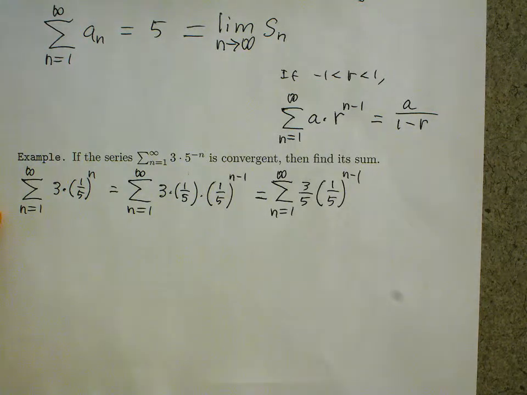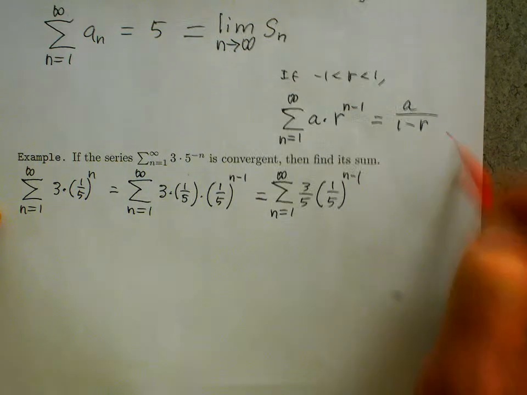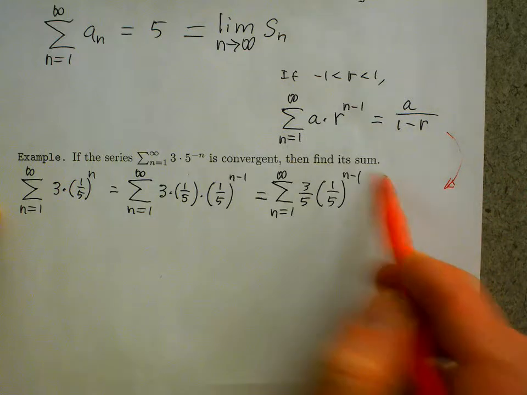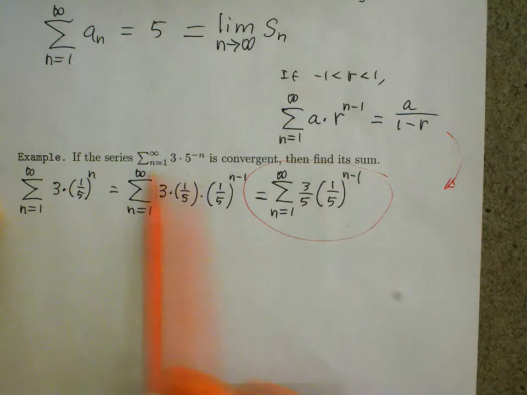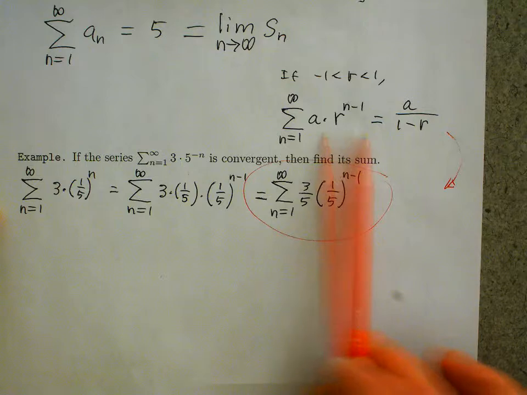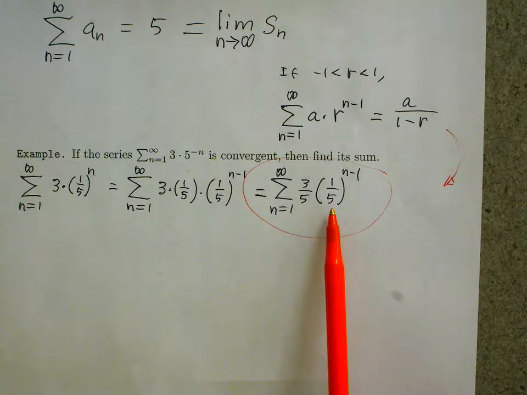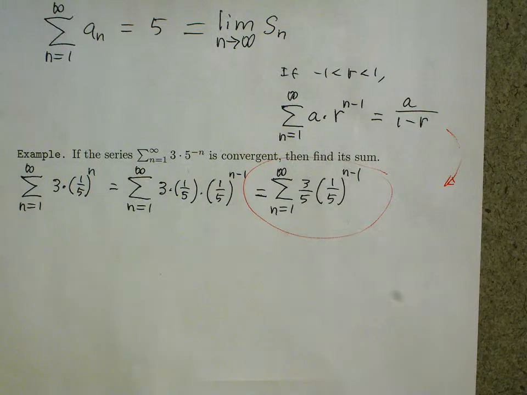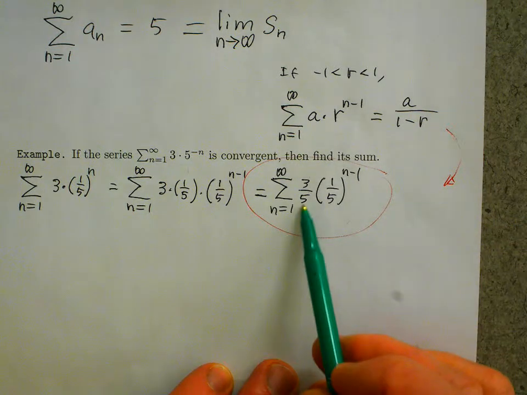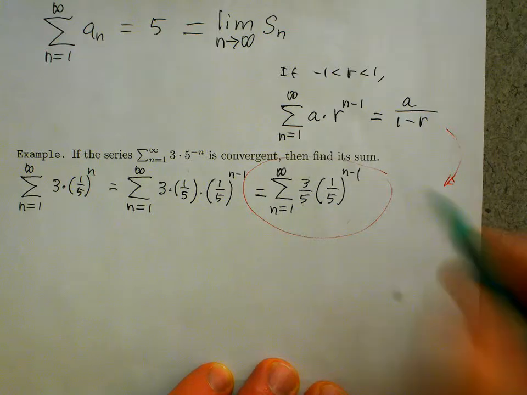Okay, so I rearranged the given series so that it's in this form. And the common ratio 1/5 is between -1 and 1, so that means this will converge. In this one, the value of a is 3/5 and r is 1/5.